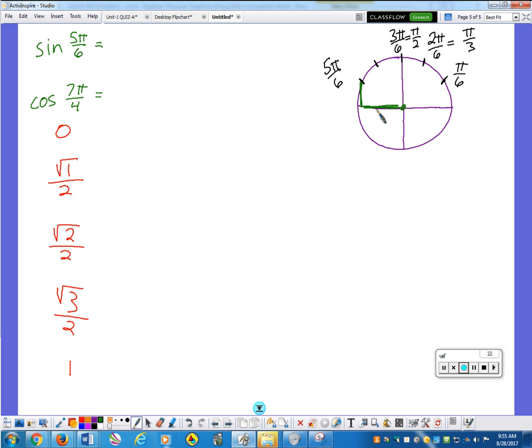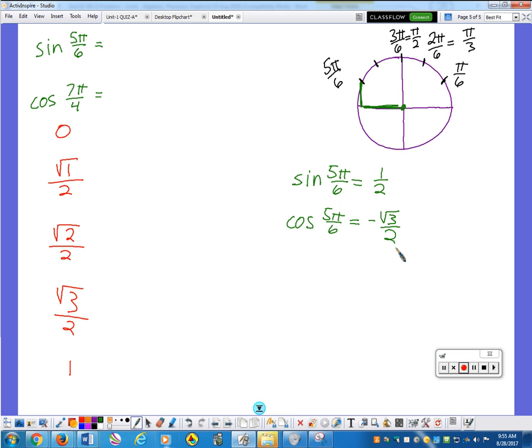So now I know that the sine of 5 pi over 6, that's the up and down. It's the short distance. The short one is this. We don't ever write root 1, so we just write it as 1/2. Because I went up, it's positive. The cosine of 5 pi over 6, I went this way. That's a negative direction. It's the long distance. So that's negative root 3 over 2.